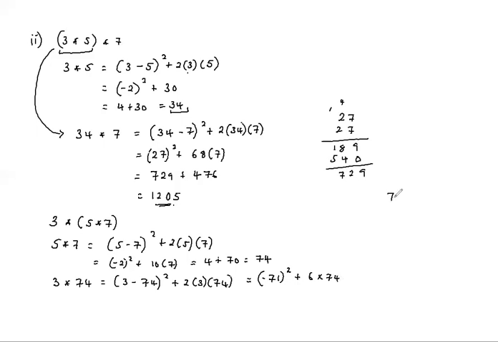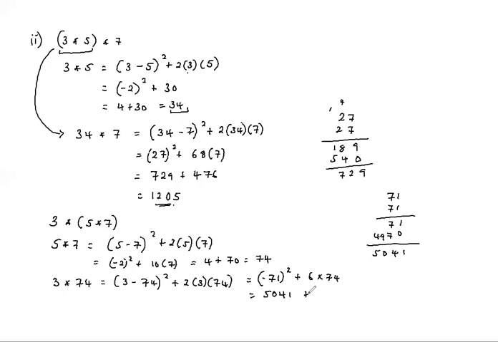So what is 71 squared? 5041. So we have 5041 plus 6 by 74.